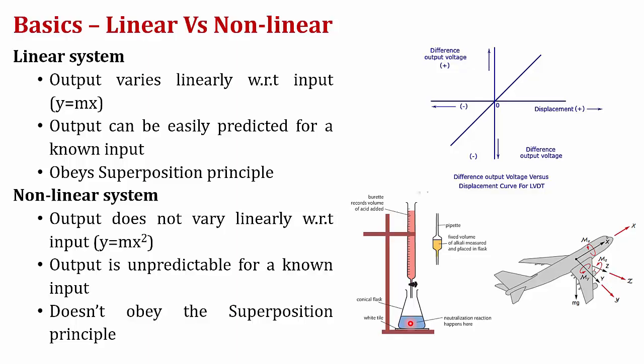Suddenly a single drop changes the color of the liquid in the conical flask, which is a non-linear behavior. That is why it is written as y equals mx square. The output is unpredictable for a known input, and it does not obey the superposition theorem. The flight system also shows the same thing.